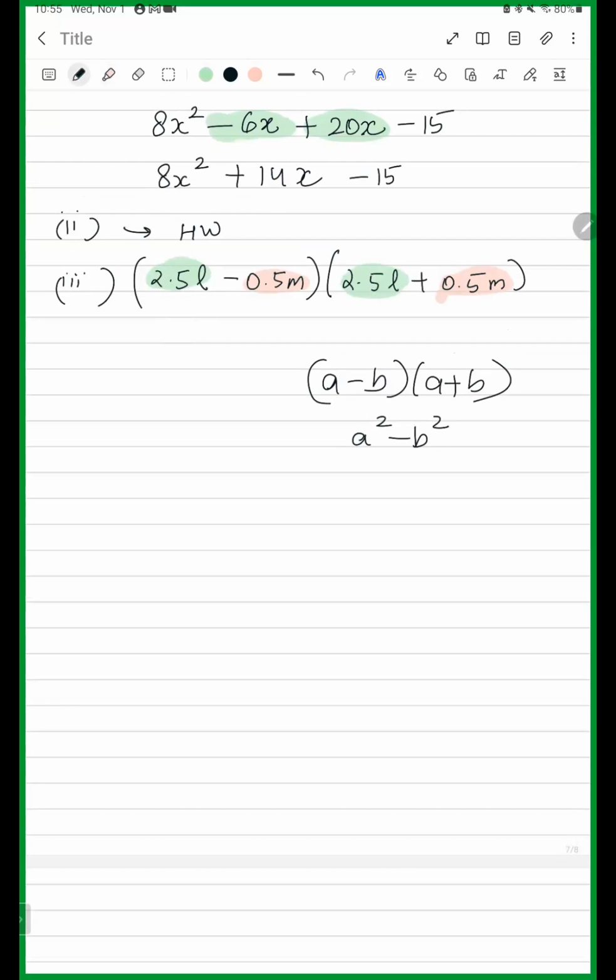So according to the identity, it will be what? A square minus B square. So 2.5L whole square minus 0.5M whole square.